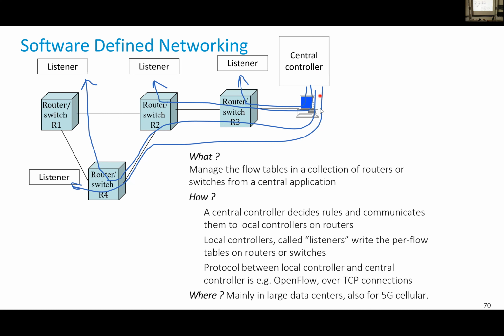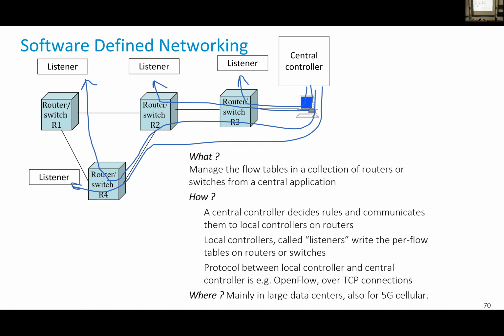So the messages come here, for example. They might be switched or routed via multiple hops, but as TCP connections. So that's very different from a routing protocol where all the routers in between participate in the decision. Here, it comes directly from a central location to the final node here.